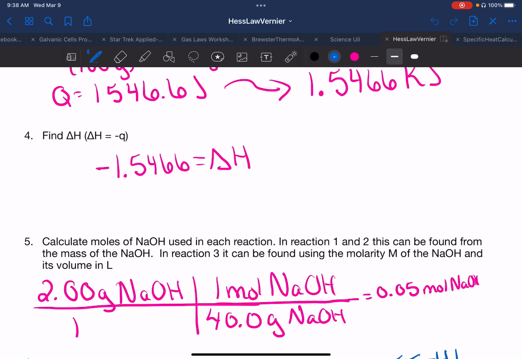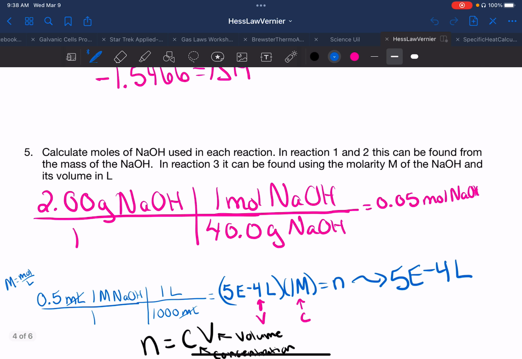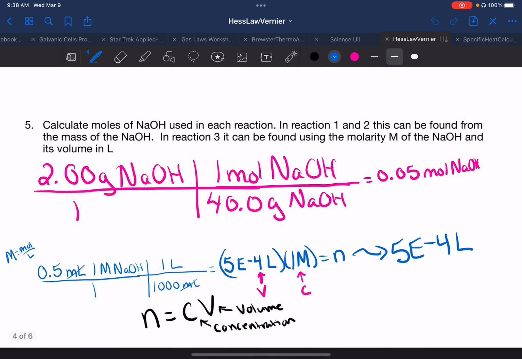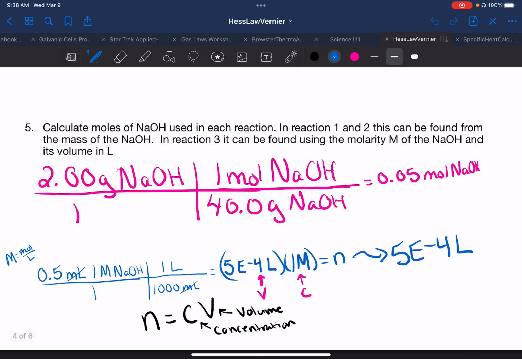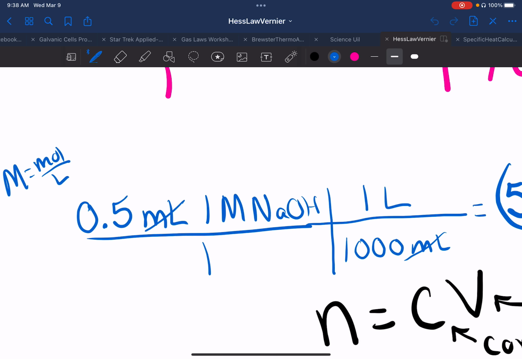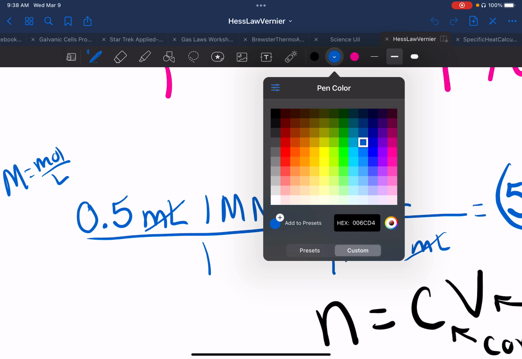Question number 5 says, calculate the moles of sodium hydroxide used in each reaction. In reactions 1 and 2, this can be found from the mass of the sodium hydroxide. It's simple stoichiometry, going from 2 grams to moles. There are 40 grams per mole of sodium hydroxide, and I do that conversion. As for reaction number 3, I have to use the molarity. First I have to convert the milliliters of the substance that I used, and I did not do that, so this is going to be wrong.